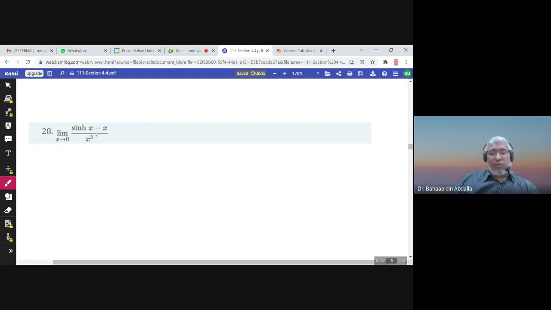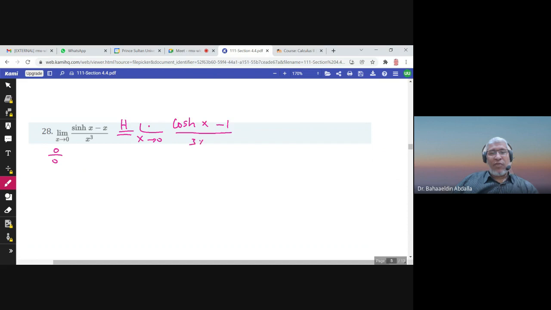Sinh 0 is 0, you can check that either by hyperbolic in the calculator or by using the definition of sinh. More information in section 3.11. Sinh 0 is 0 minus 0, so I have 0 over 0. So I use L'Hopital's rule. Derivative of sinh is cosh. Derivative of x is 1.